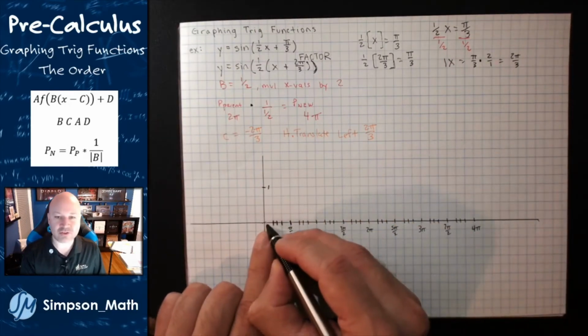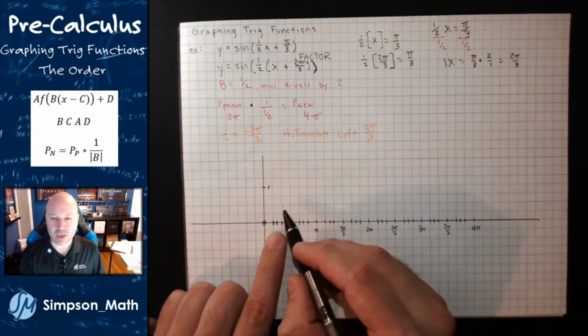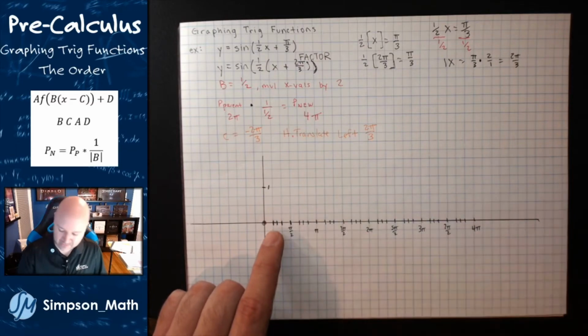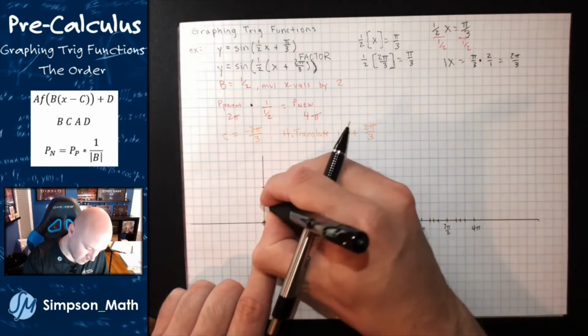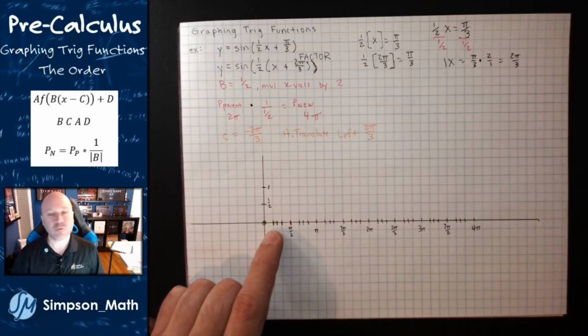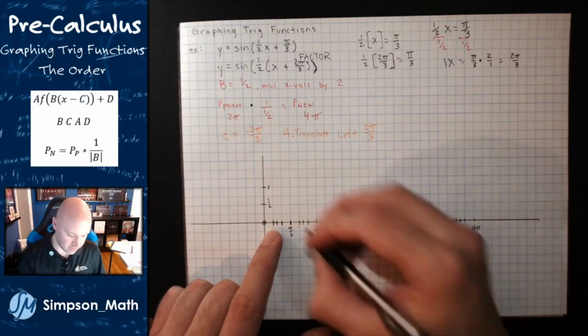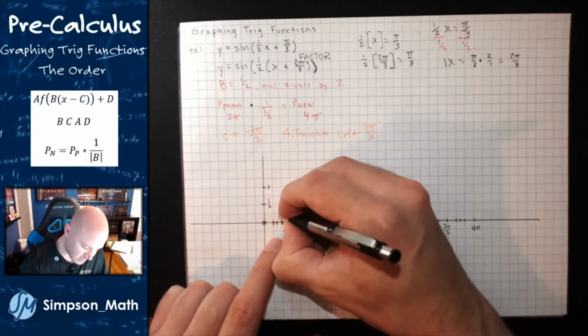I know that stretching 0 is still going to be 0. Normally, pi 6 goes to a half. Well, pi 6 times 2 is 2 pi 6, or pi thirds. So I have stretched it out to here.